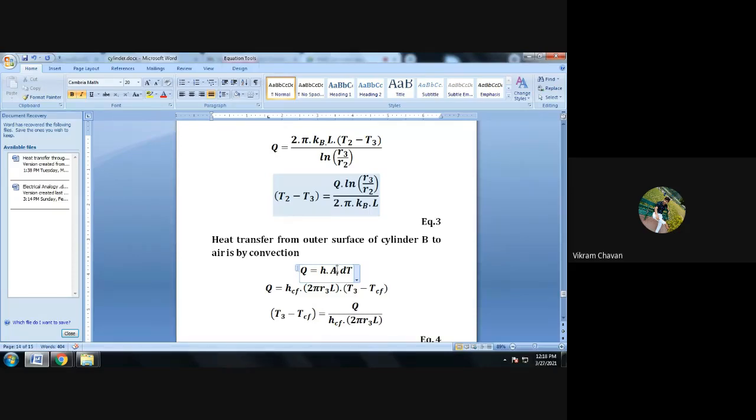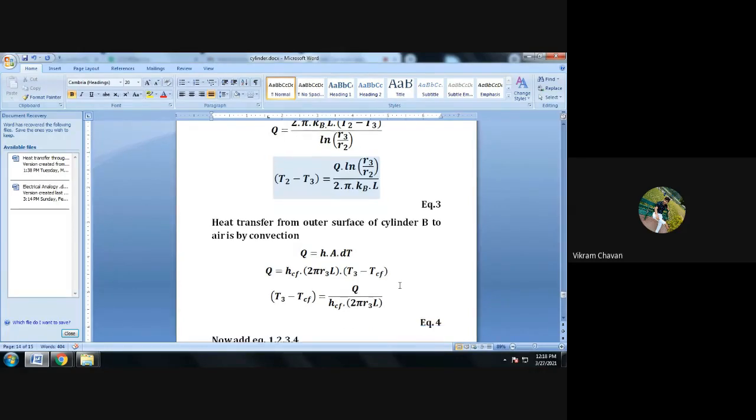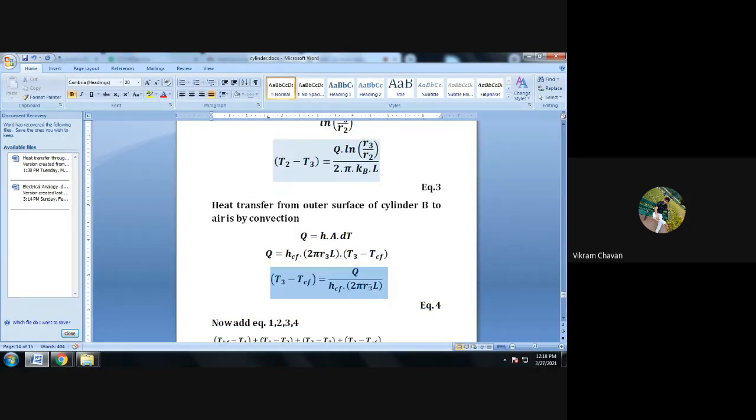Now we have to convert this equation. Have you written this equation? Then we have to convert it into the form of a temperature difference.